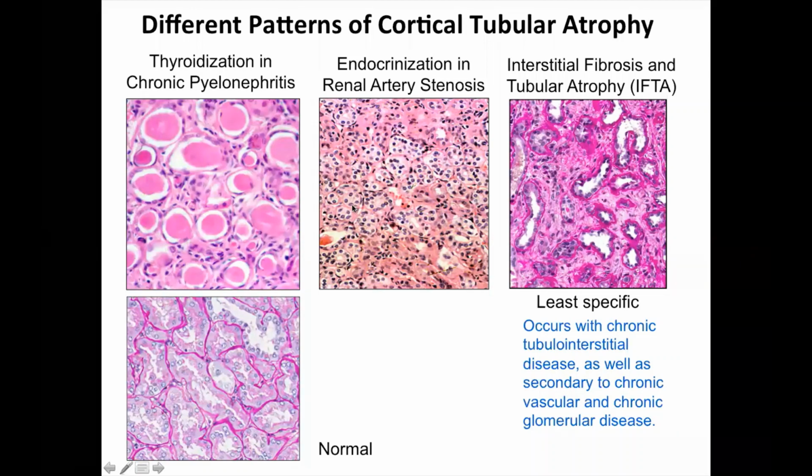Endocrinization looks like the adrenal. And this is due to ischemia, meaning renal artery stenosis, any form of ischemia. The poor tubules die, just like the supply is cut off from them, and they shrink and shrink and shrink until they become very shrunken, just like the adrenal.